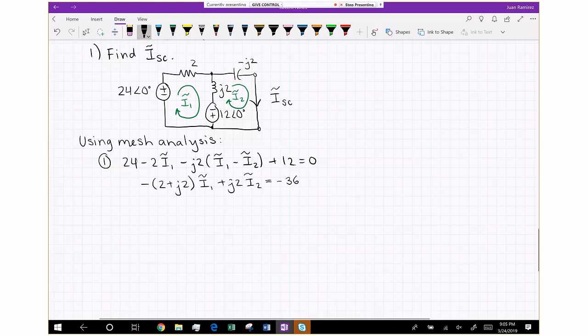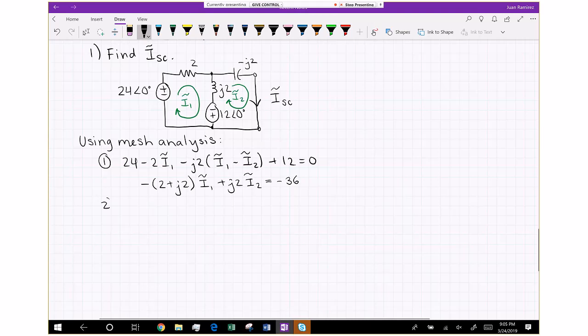I expanded on the negative J2 times I1 minus I2, combining like terms to get negative parentheses 2 plus J2 times I1 plus J2 I2 is equal to negative 36. That's our mesh 1 KVL equation.